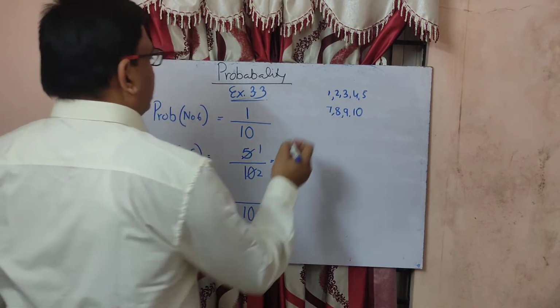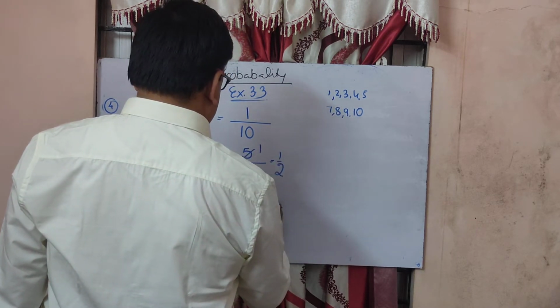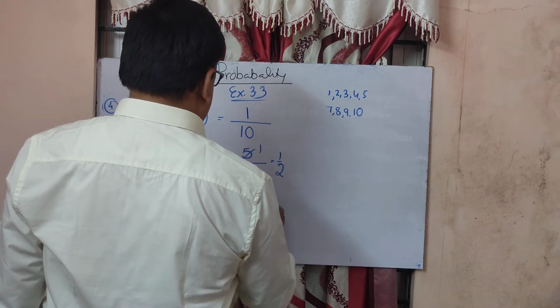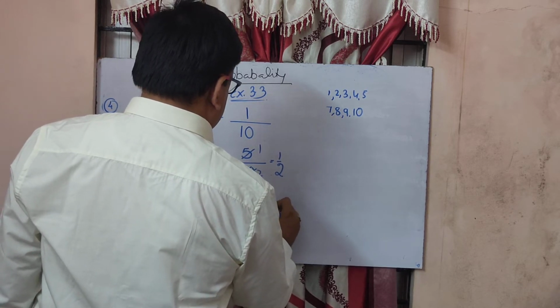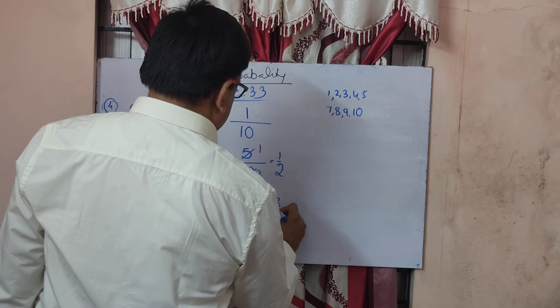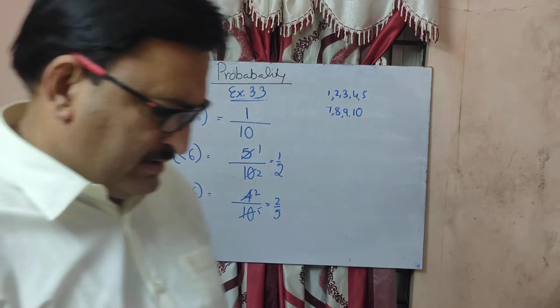So there are only 4 numbers, 1, 2, 3, 4. So 4 upon 10. If you cancel it, 2 twos are, 2 fives are, that is 2 upon 5.